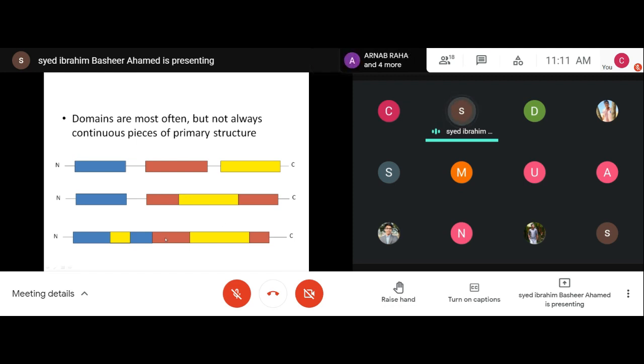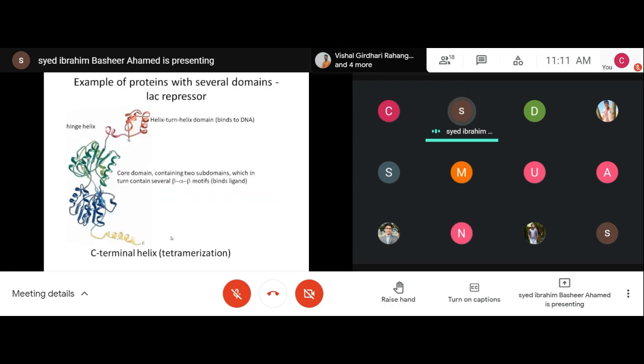But when these proteins fold, this region will come together and make a second domain. And again in this protein, when it folds, this will come together and this will come together and make a domain. So it depends upon the structure and biology of the protein.